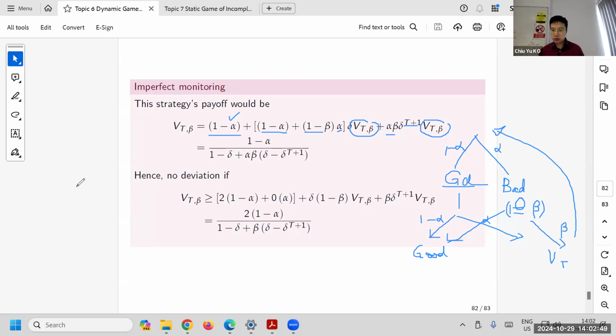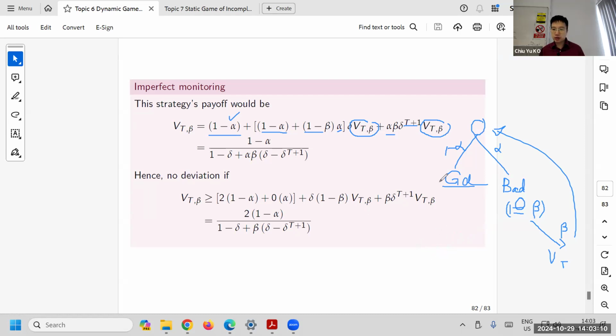Maybe I don't draw this part, it might be less confusing. So something like that. This is the starting point, the cooperation point, either good or bad. If good, then you continue, you join this way. Maybe this is easier.